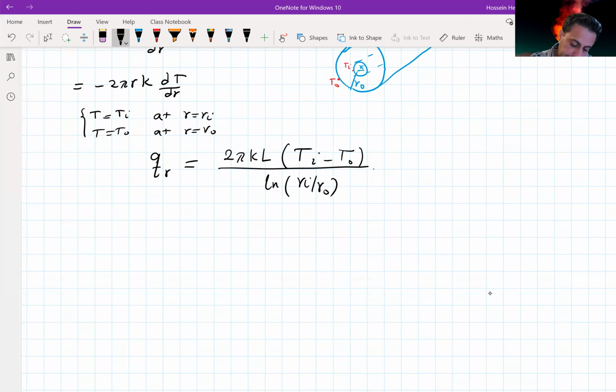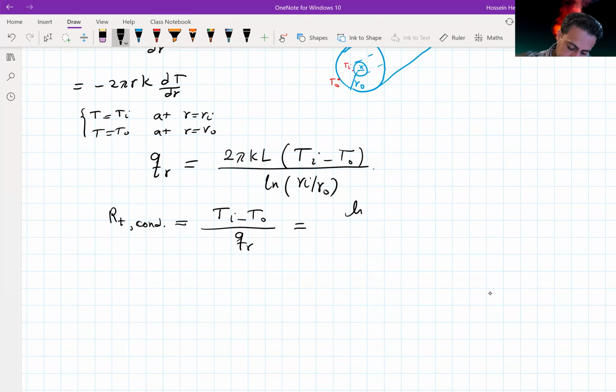Now, from this one, we can do a little rearrangement and get the thermal resistance of conduction, which is going to be the temperature difference, delta T, divided by the heat flow rate.